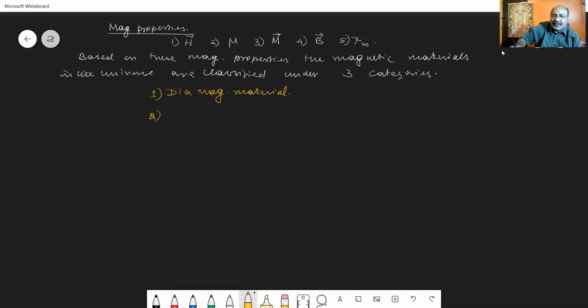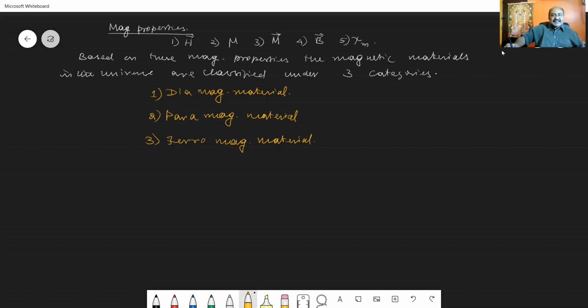Then the second one is paramagnetic material. And the third one is ferromagnetic material.